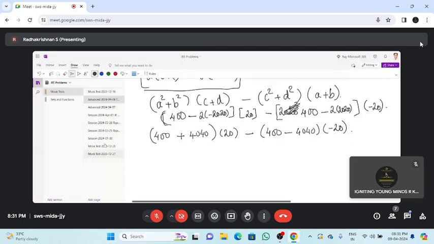So you see that the terms are all very similar. Some of them will get cancelled now. Minus into minus is plus, 20 we can put in. Then plus 20 into minus this.